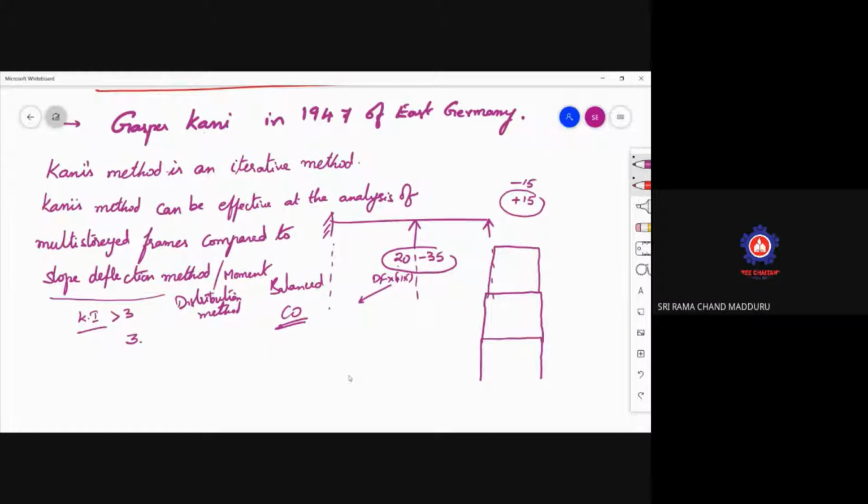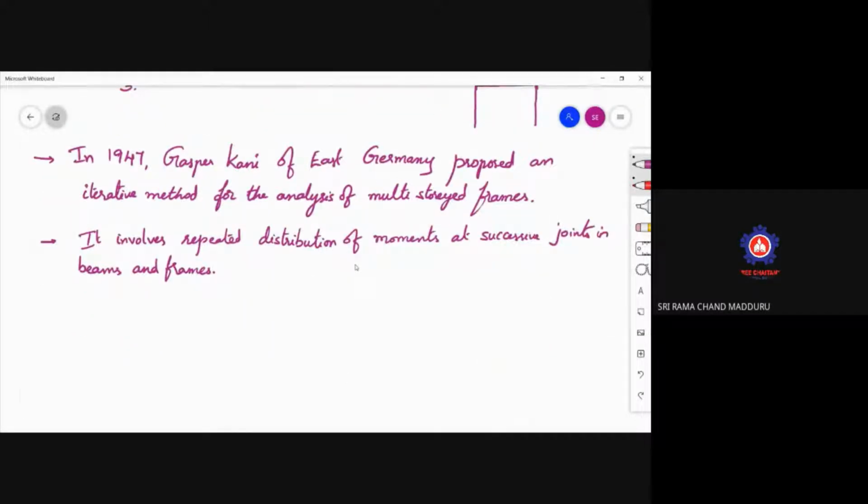From 1947 to the 1980s, people used Kani's method, which is an iterative method. With the help of this method, they analyzed multi-story frames. It involves repeated distribution of moments at successive joints in beams and frames.